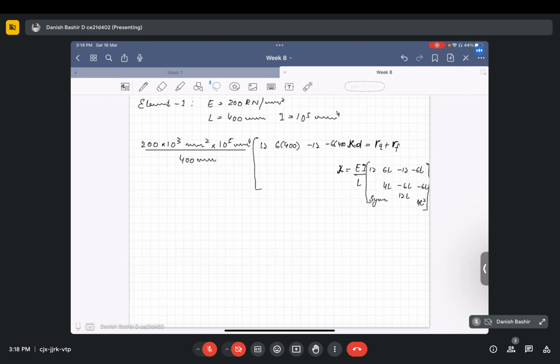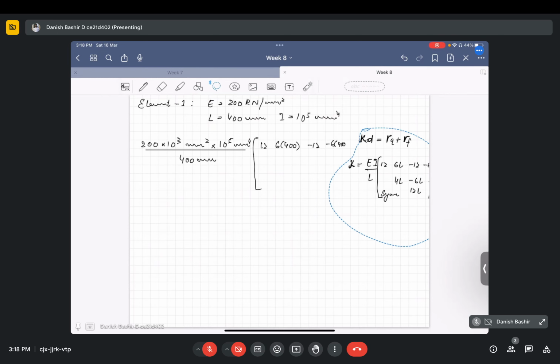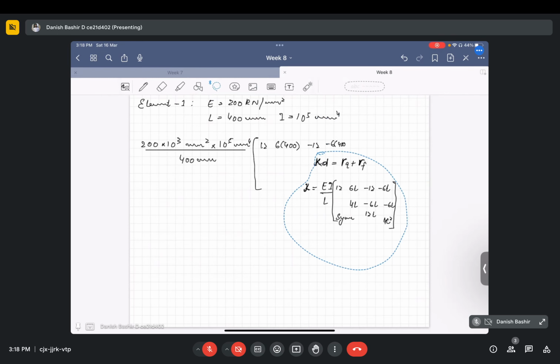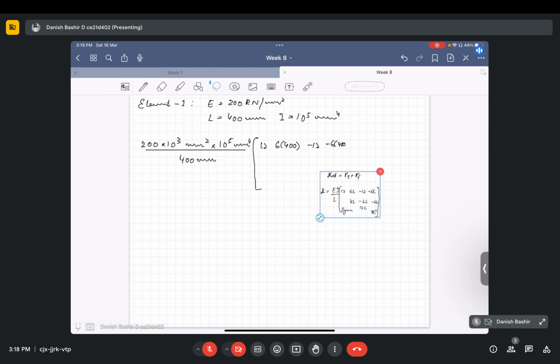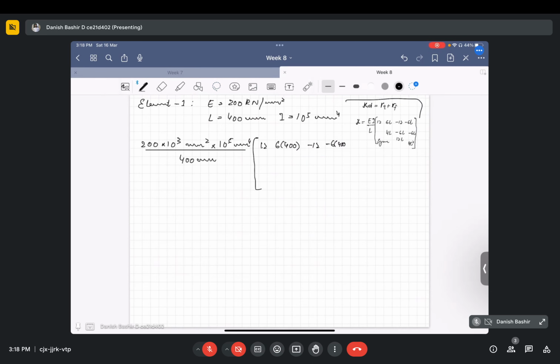I just show this for information only. It is symmetric, and it is equal to RQ plus RF. First it is multiplied by v1, theta 1. Sorry.